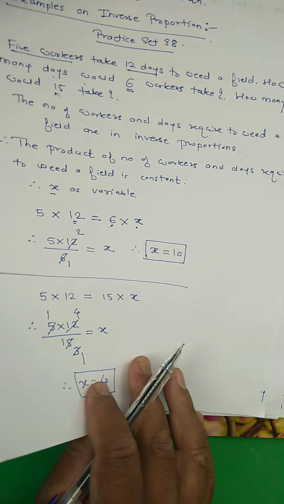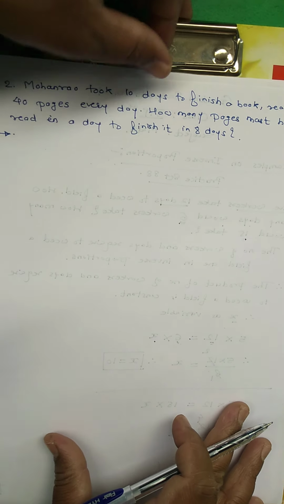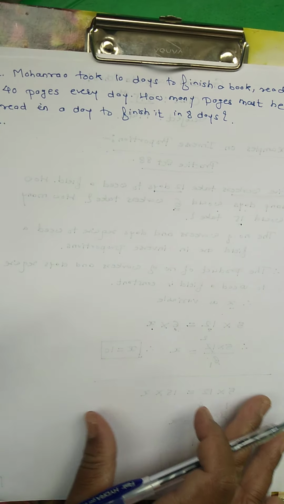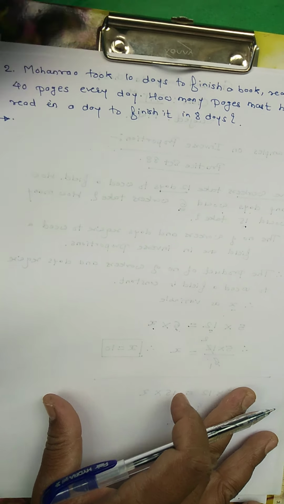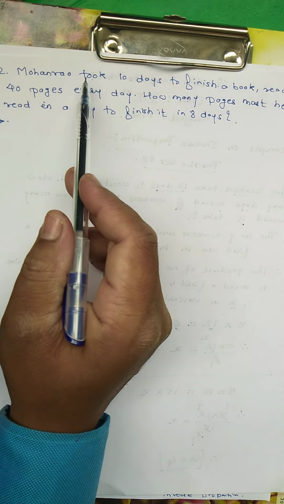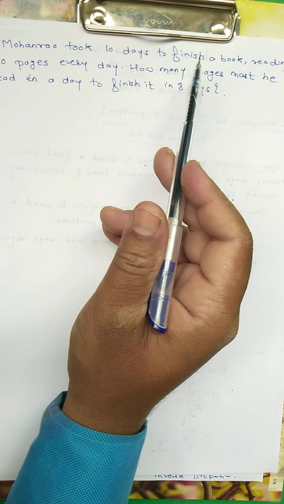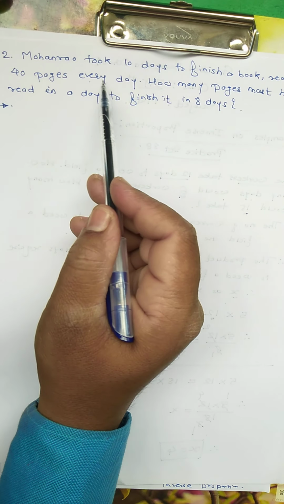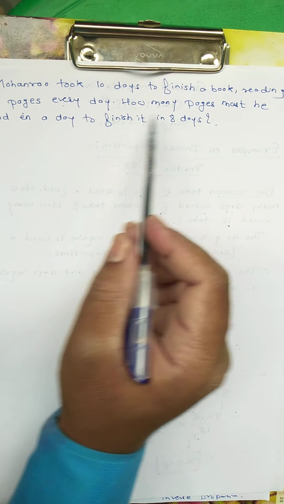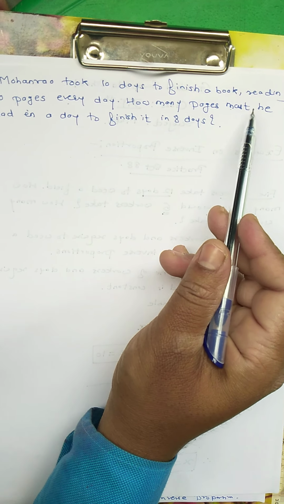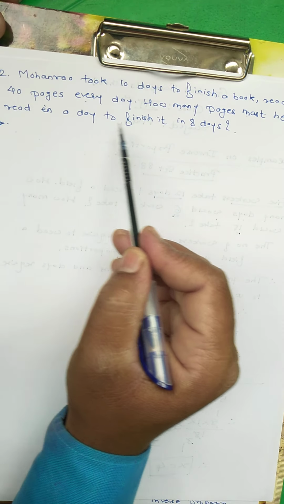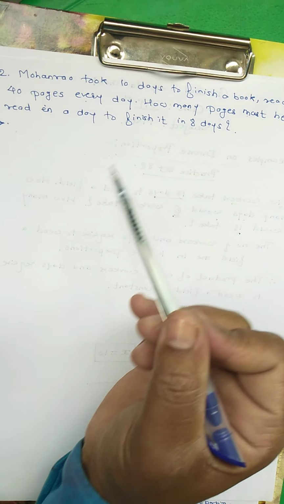Let us solve a second example. Now what is the second example? Mohan Rao took 10 days to finish a book, reading 40 pages every day. How many pages must he read in a day to finish it in 8 days?